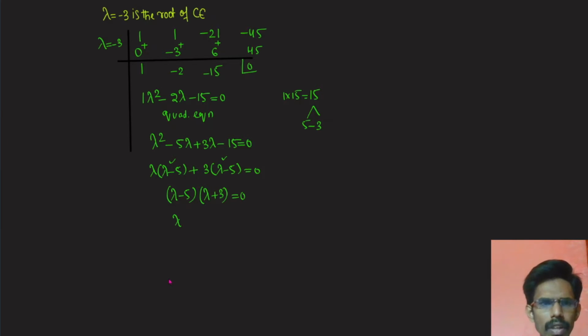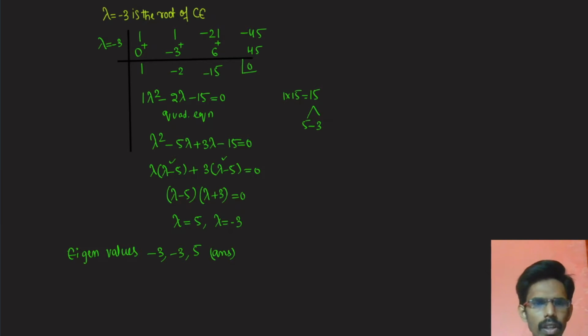Now equate this, I'll get lambda equal to 5 and lambda equal to minus 3. Hence all the eigenvalues we got are minus 3 and 5. These are the eigenvalues of the matrix A.